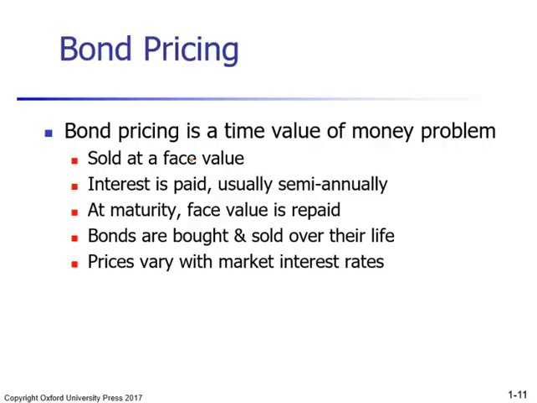Sold at the face value, which in the previous part I called nominal value, the value on the bond, for example, $1,000, and it pays interest, and at maturity, the face value is repaid. In the case that I just described to you, we assumed that there is no value at maturity. That, as I told you, is not realistic.